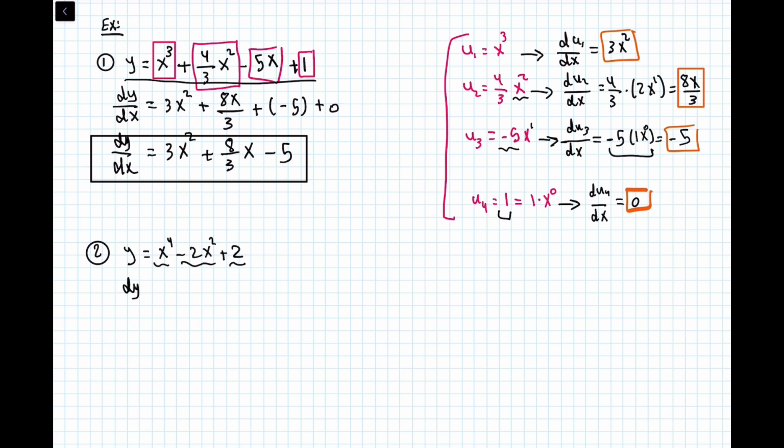So the derivative of y is the sum of the derivatives of each of these functions. So dy/dx: the derivative of the first function is 4x to the power of 3. The derivative of the second one is minus 4x, and the derivative of the last one, which is a constant, is just 0. So the final answer is 4x to the power of 3 minus 4x.